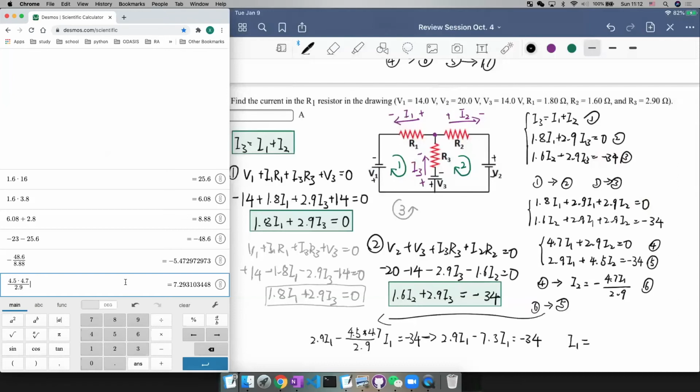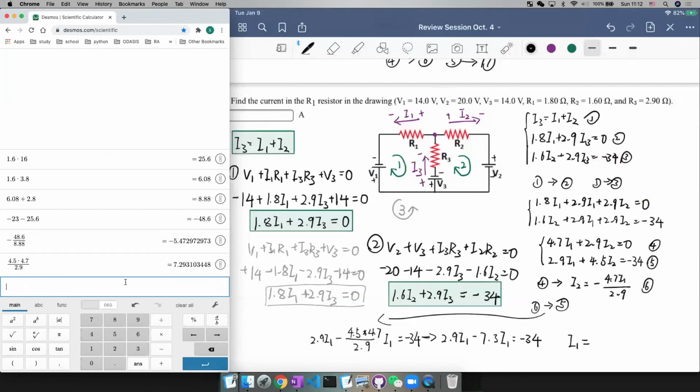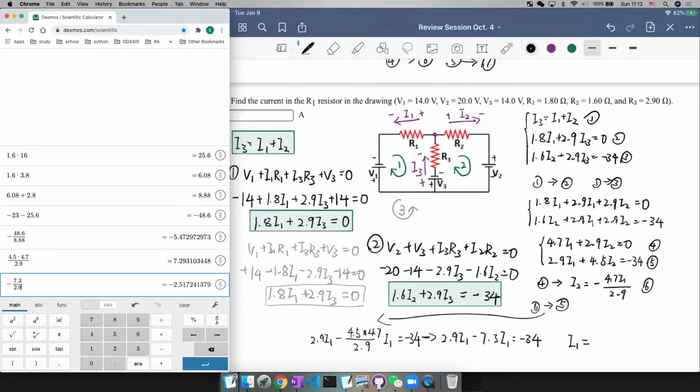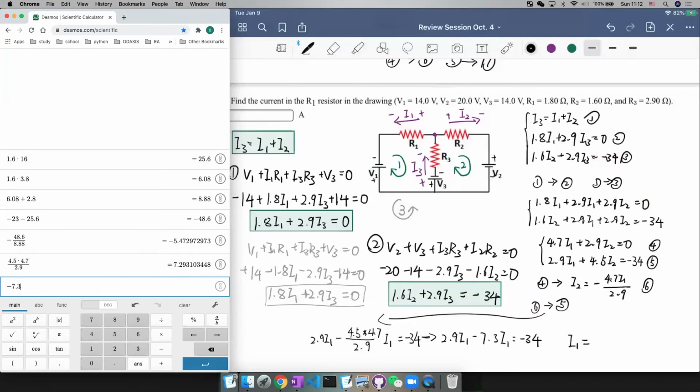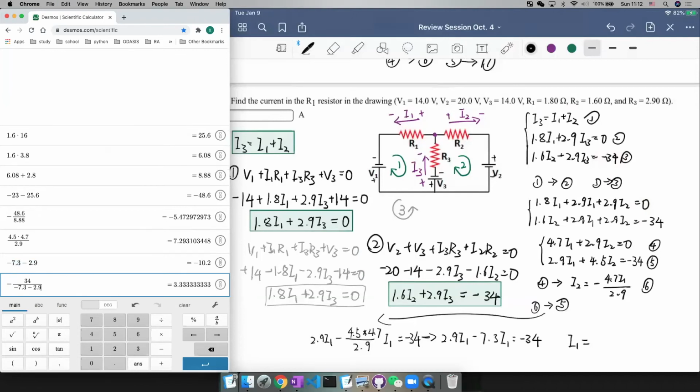Let me check what my answer is. It's negative 7.3 over 2.9. Not over, minus 2.9, and then negative over. We have different. Oh no, it's not. It's plus. Okay, kind of similar. I also have 7.773. So we have the same answer.